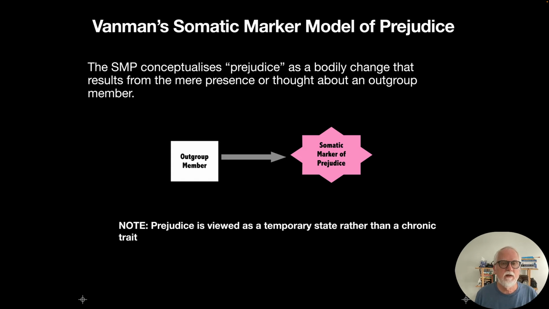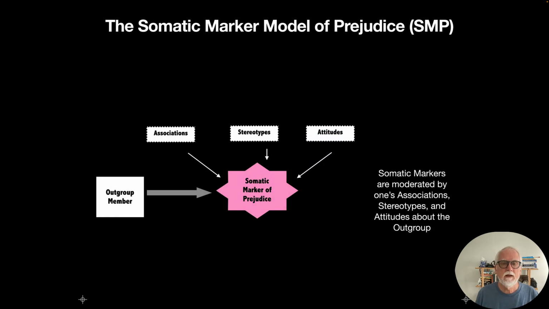Now, how do all those other things we just talked about fit in? Well, I think things like the IAT, which measure associations you might have with a particular racial group or ethnic group, or stereotypes or attitudes that you may have already beforehand, all of those things would feed into your somatic marker. They become like this automatic way that you're going to respond whenever you see this particular outgroup.